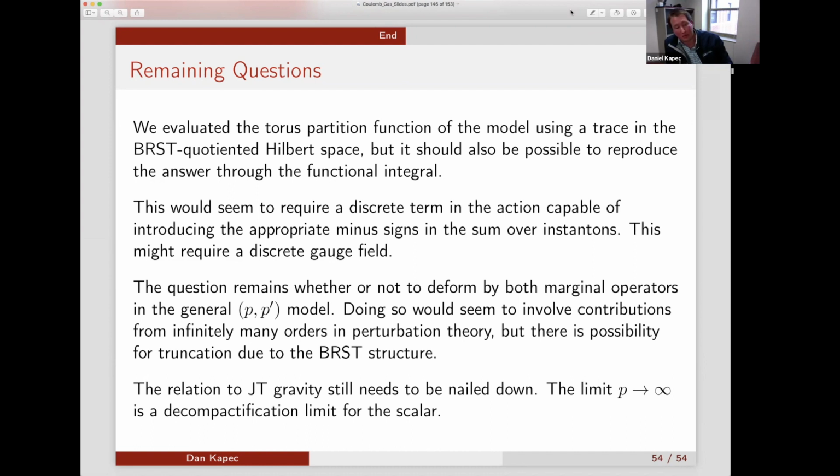I think people use, trying to remember, I think they use kind of an un-BRST quotiented version of this to describe percolation or something, which also kind of has bizarre properties at the conformal fixed point.